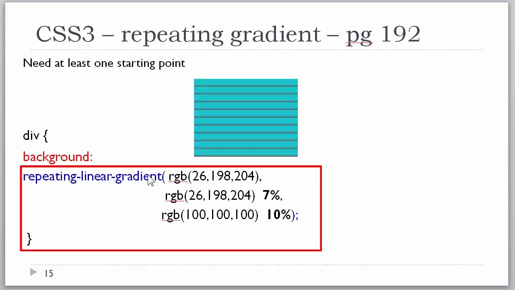And then we have our last RGB value, which is dark, starting at 10%. Everything else is default with respect to the direction. However, our value is repeating linear gradient. So by putting repeating in front of our linear gradient, we can make it repeat very nicely.